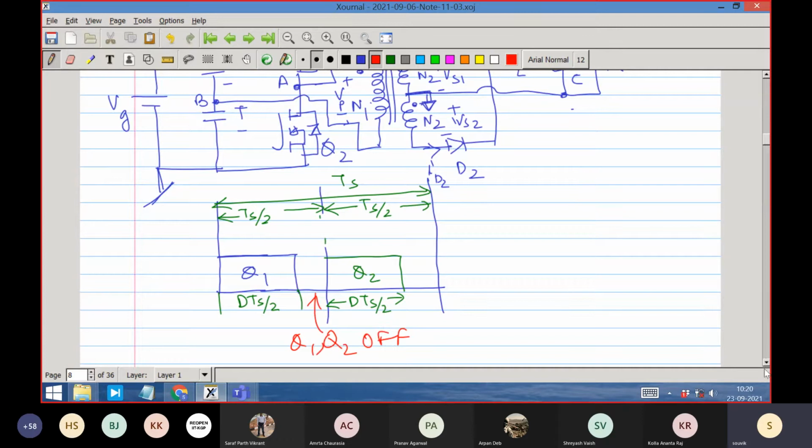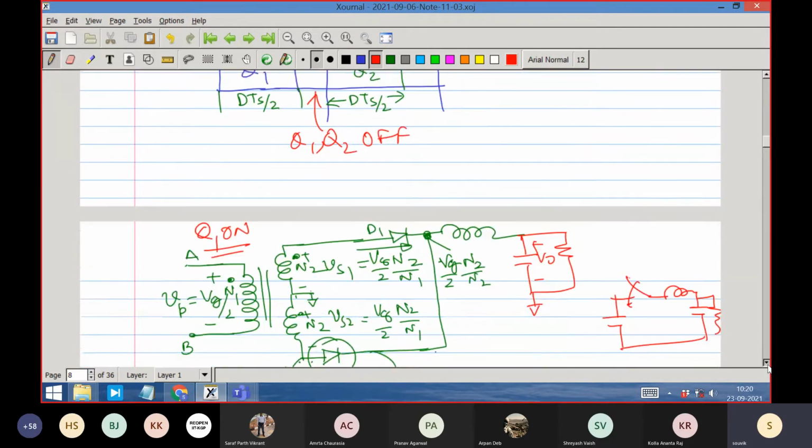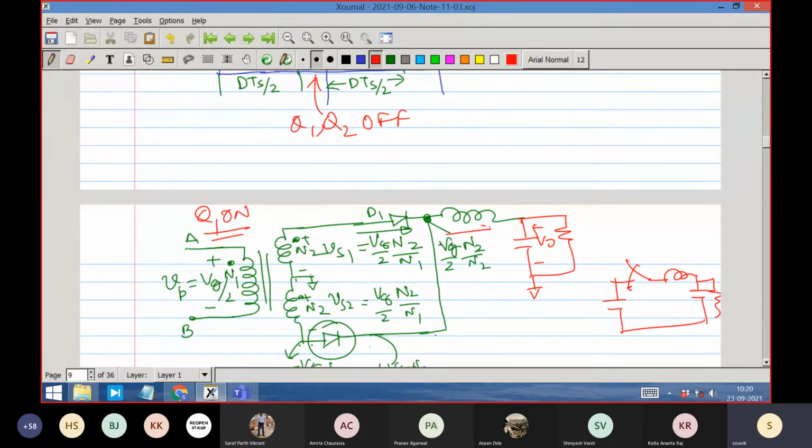But there is an inductor current already developed in the buck converter, because this current is now flowing through this. We can easily analyze it: if it is IL, then the current is IL here, because the diode is conducting IL here. To compensate that current, the load current compensation will be IL into N2 by N1.